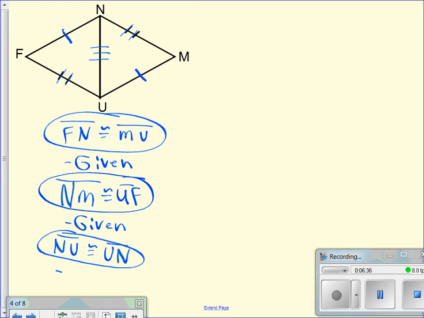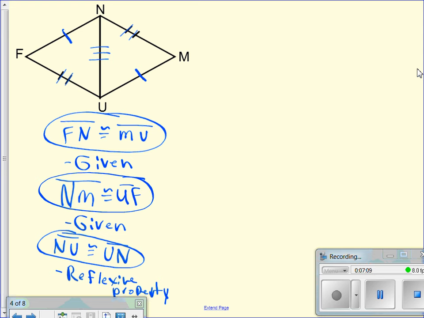My reason for that, you could say it's like a shared side, but my formal geometric word is the reflexive property. The reflexive property states that something is equal to itself, basically. It's a pretty obvious, easy one given to you. NU, UN, same thing, equal to itself.